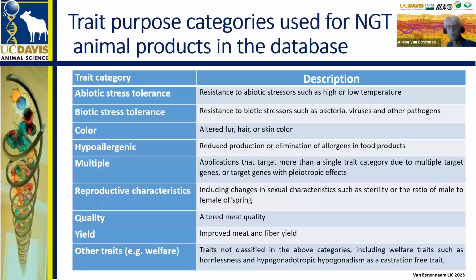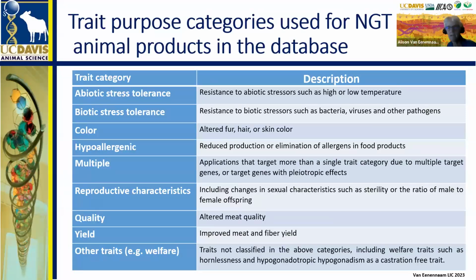So why are researchers doing this? What was the purpose listed on the paper as to why they were trying to edit these animals? And this broke it down into these different topics. So abiotic is things like resistance to high temperature, so like the slick allele. Biotic stress is basically making animals disease resistant to things like PRRS or tuberculosis. Color is important for some of our aquatic species.